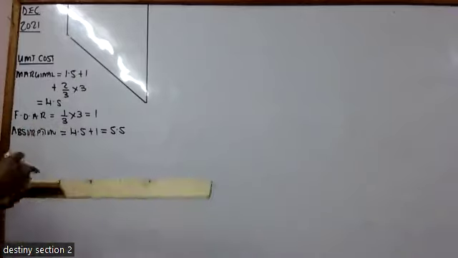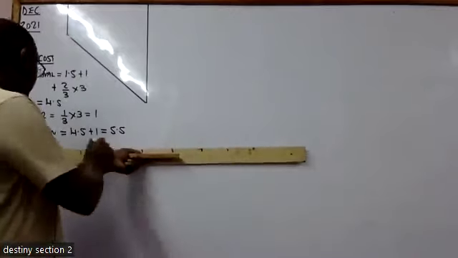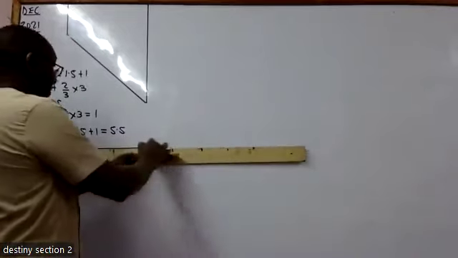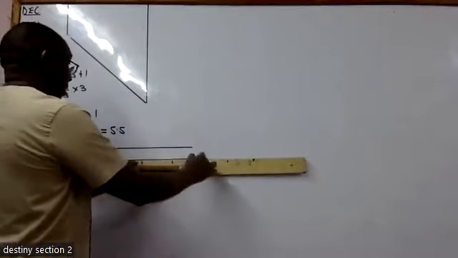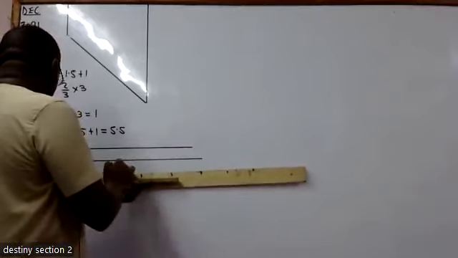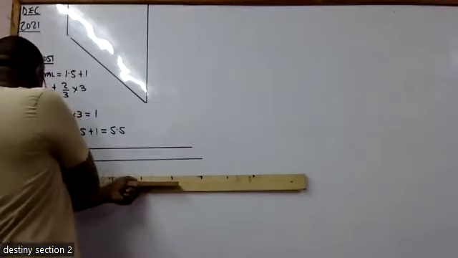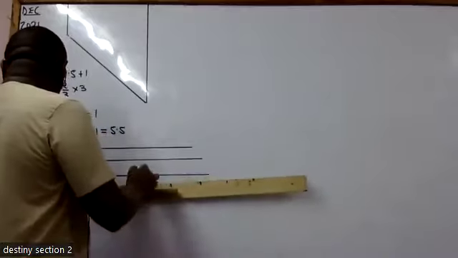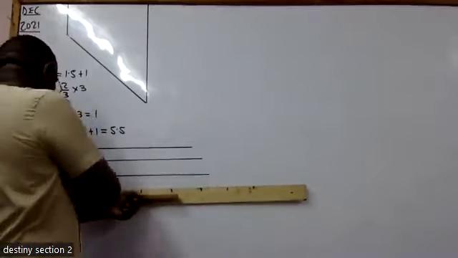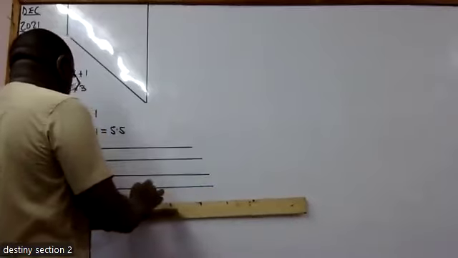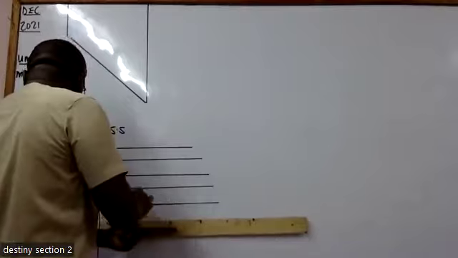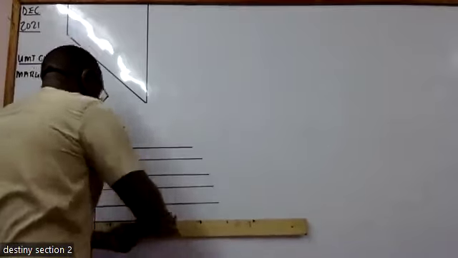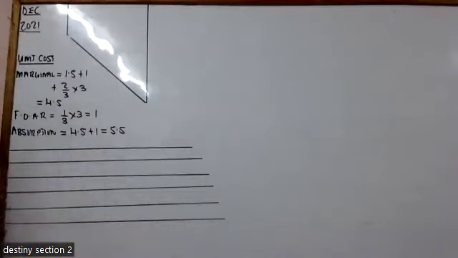After you have secured the unit costs, the next thing that you get is the stock schedule, where we have the sales, production, closing and opening. So we draw the stock schedule.